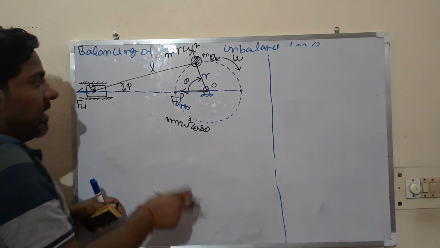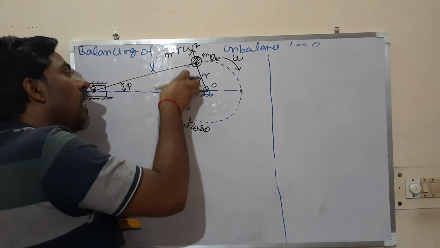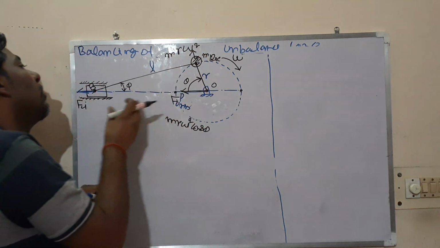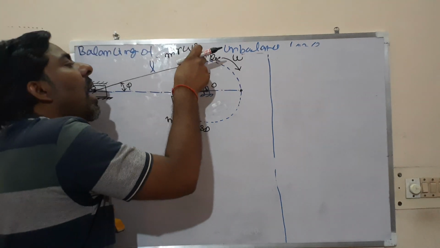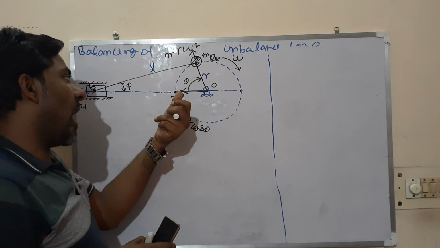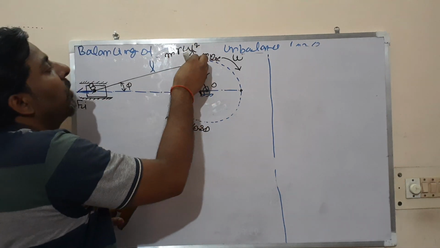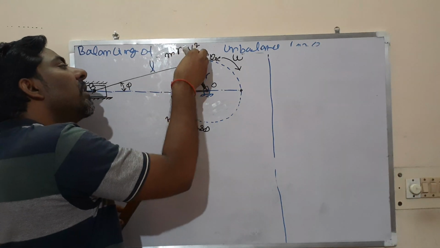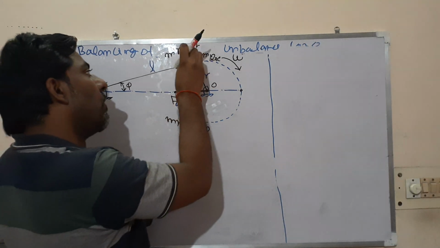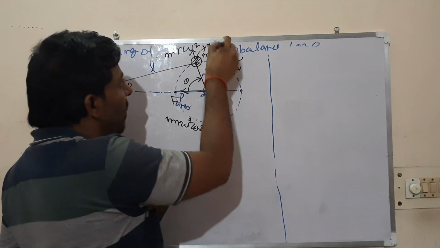It means the primary unbalanced force can be imagined as the component of centrifugal force due to the assumption of the reciprocating mass being concentrated at the crank pin. So this is our imagination.